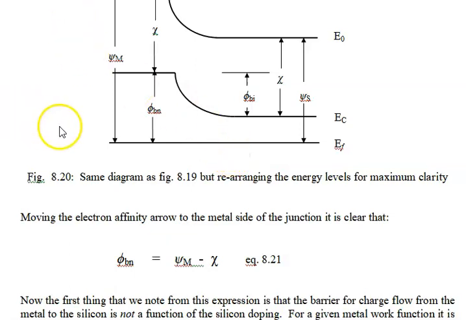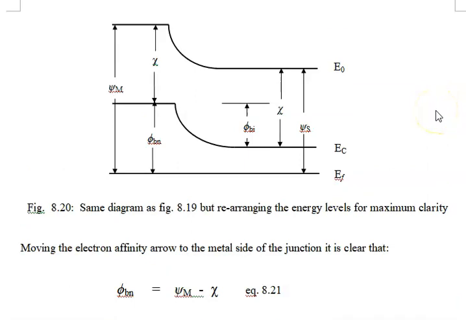So, first thing we see, just reading right off the figure, it's not very difficult. Phi bn, distance from the conduction band edge in the metal to the Fermi level. And what we do here is, this really doesn't exist, but I should have perhaps, if I was smart, made this a dash line, because it really doesn't exist in practice. So this is fictitious, but it's there anyway.